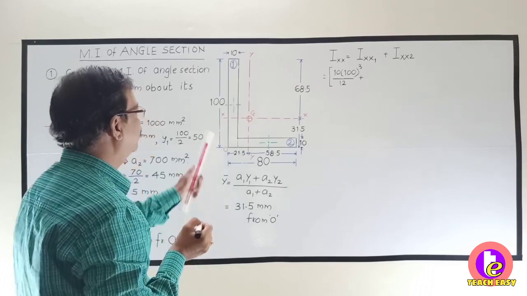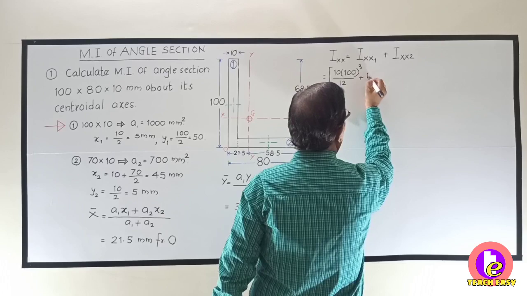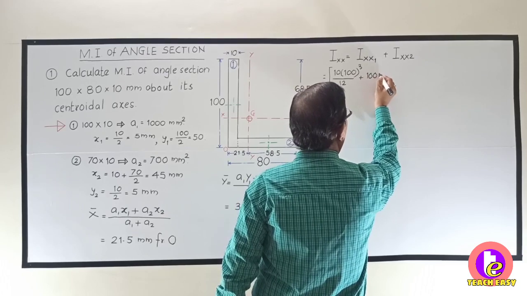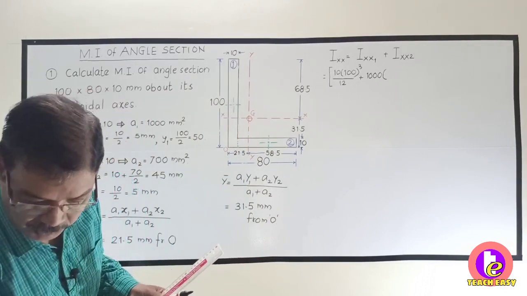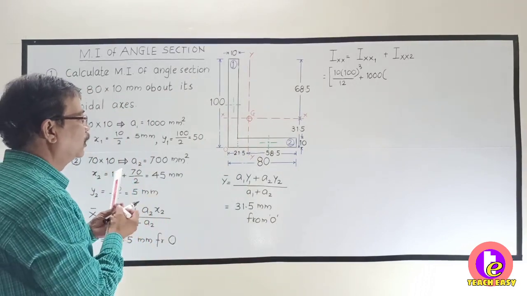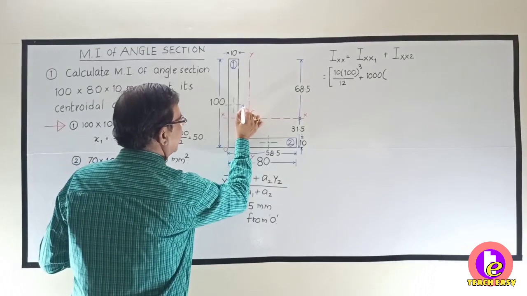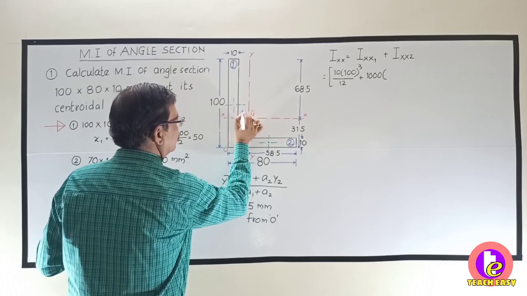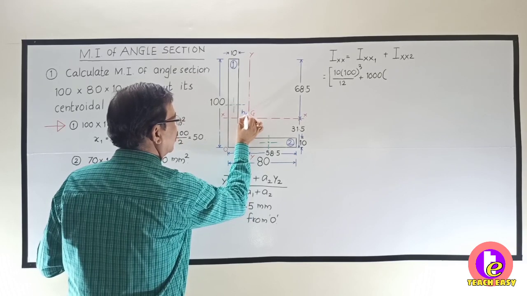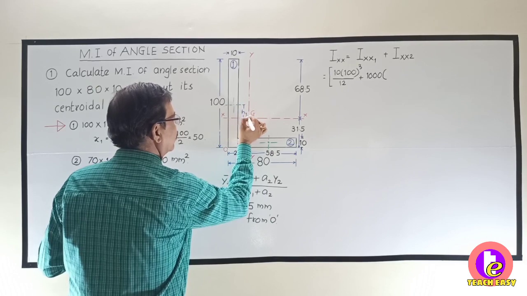What is the area of the first part? We have already calculated 1000. Now this is important. What will be h? See, look here now. h will be the distance between the two parallel axes. So from here we have to shift it to here. So this will be the value of h1.